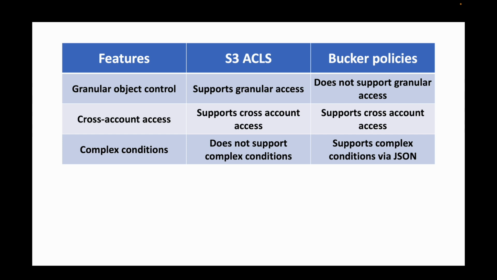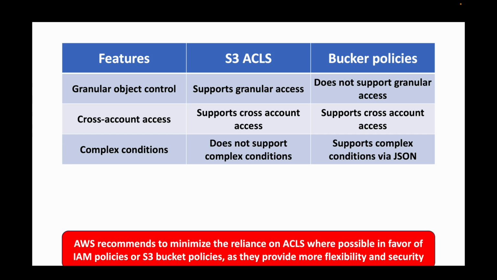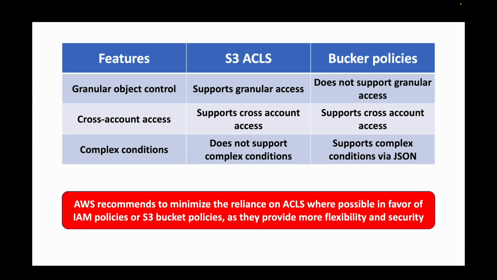But we can define complex conditions in bucket policies via JSON. Like I said, AWS does not really recommend the use of ACLs. It is recommended to minimize your dependency on ACLs wherever possible, and try to use IAM policies or S3 bucket policies, as they provide more flexibility and security.